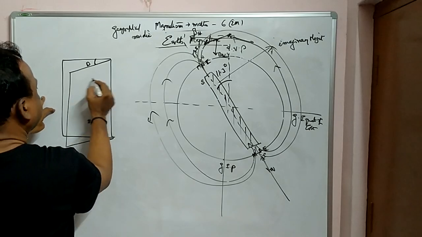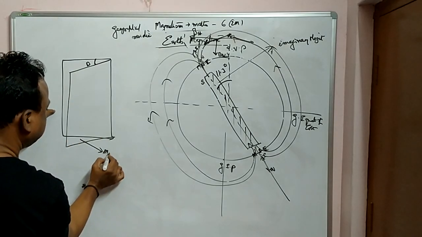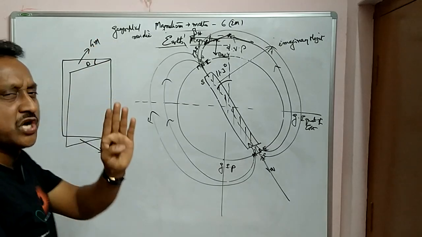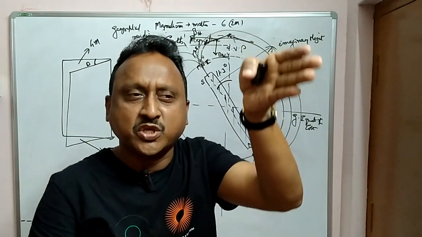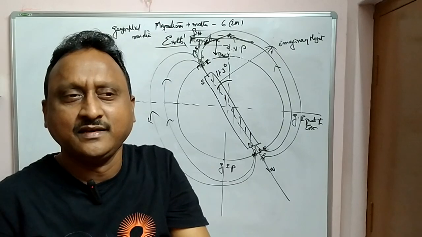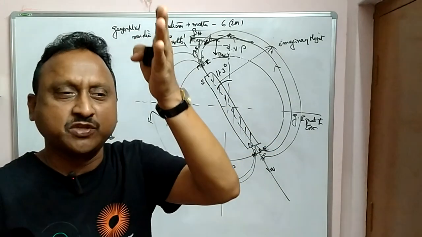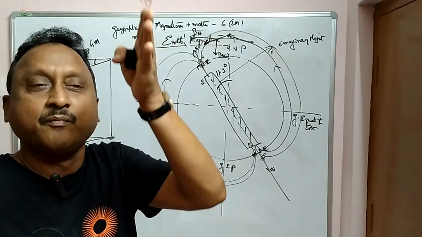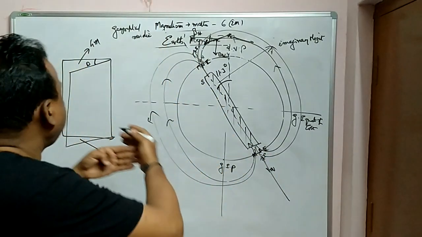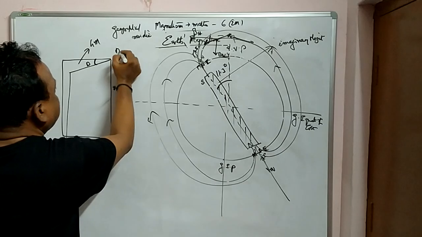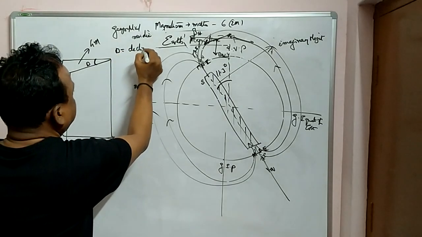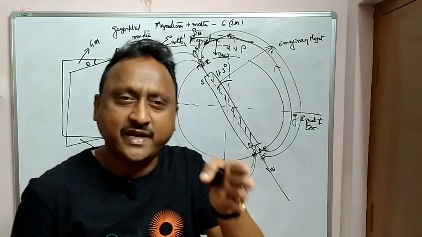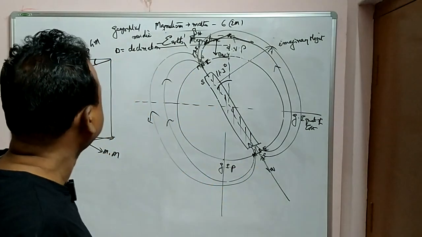Suppose this is magnetic meridian and this is geographic meridian, both are making some angle. That D is called declination. Very, very important. That D is the angle between the geographic meridian and magnetic meridian, please.